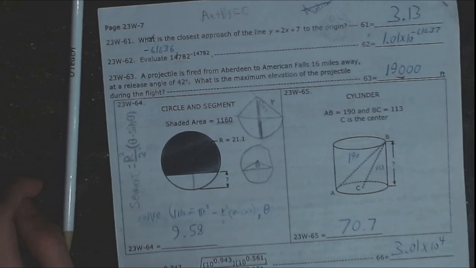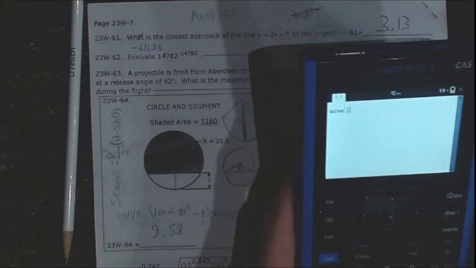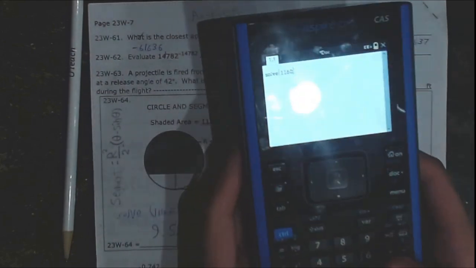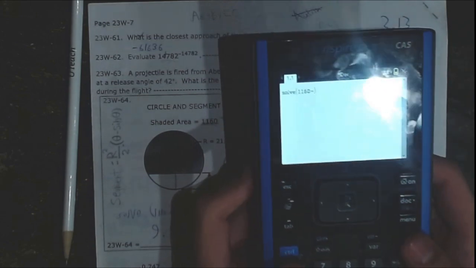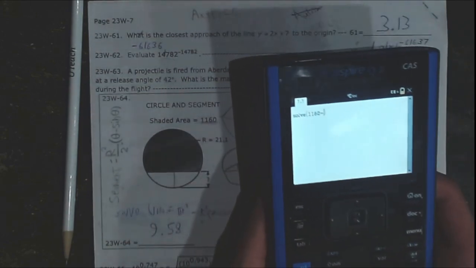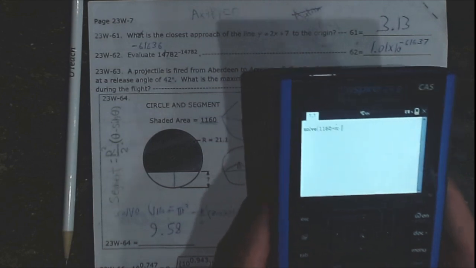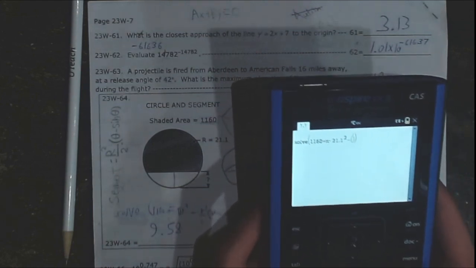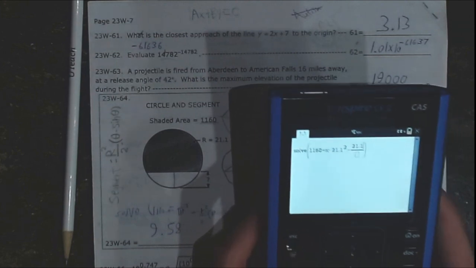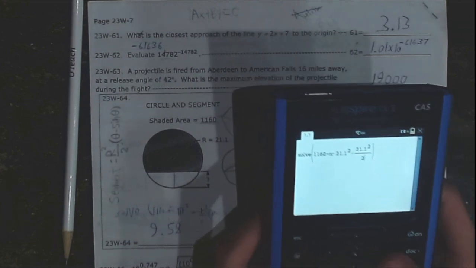So let's solve for theta. So I'm going to write an nSolve equation. So the shaded area, which is 11,600, is equal to pi r squared, our radius was 21.1, minus r squared over 2.